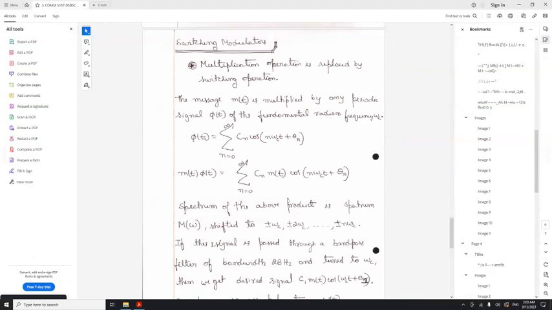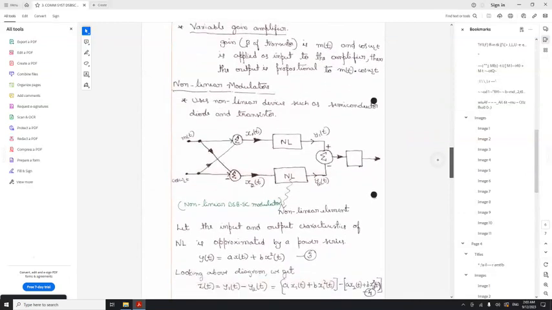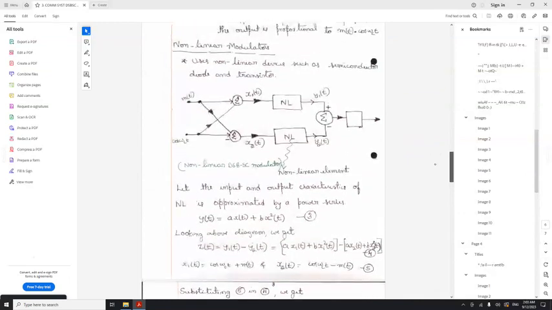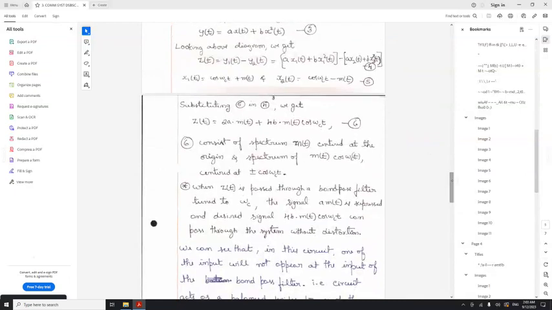The first method, which is this variable gain amplifier, and part of that is the nonlinear modulator. This is a nonlinear modulator. This is an adder, and this nonlinear device is nothing but your diode and transistor. And this is an adder. And what you get here from m of t and cos omega ct at this point is this one, right?